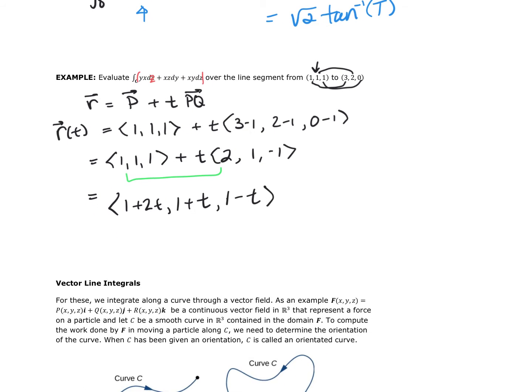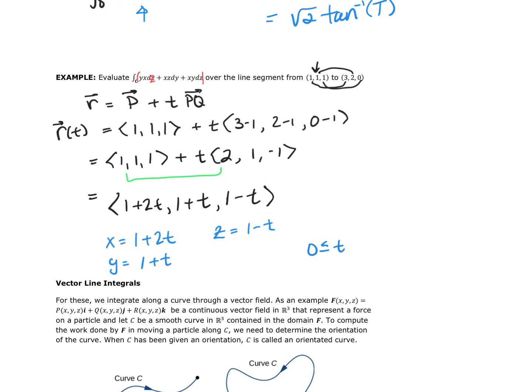So in this form, I know that x must be 1 plus 2t, y must be 1 plus t, and z, of course, would be 1 minus t. Now I have to think about how t has changed. Well, if t is 0 in each one of these, I get 1. So I know where my starting point is.